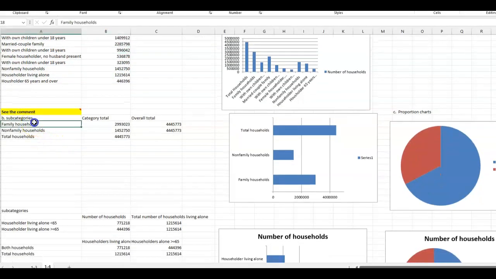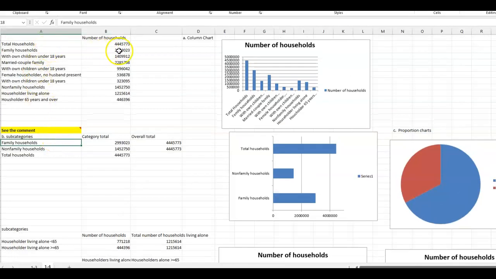So we have family households here, and then non-family households here, and then total households here. If you break that data down here, it's easier for you to create the chart.